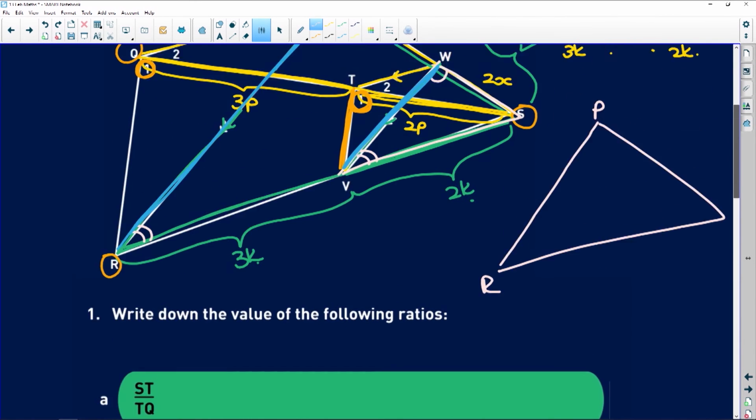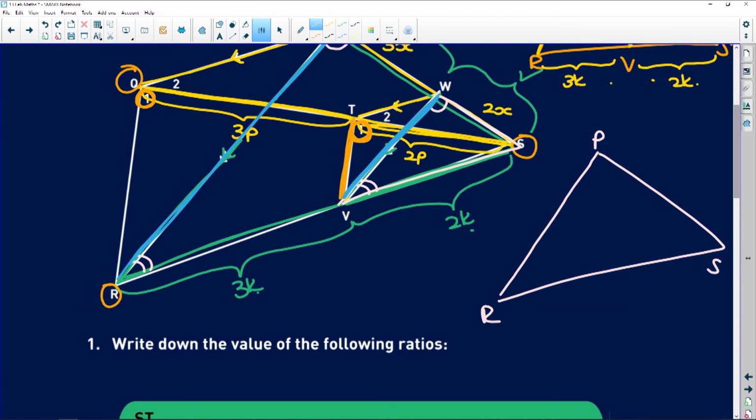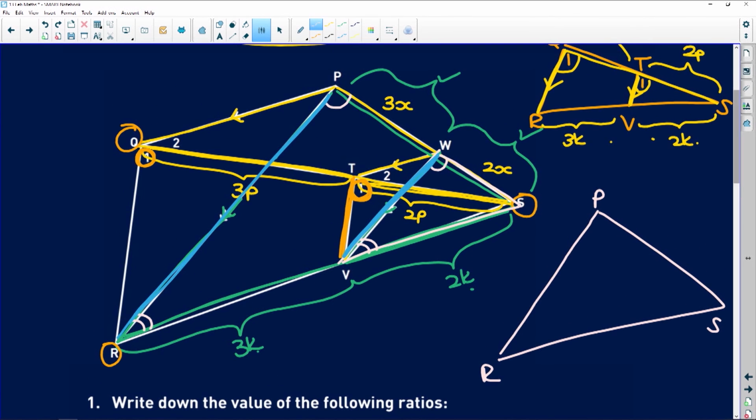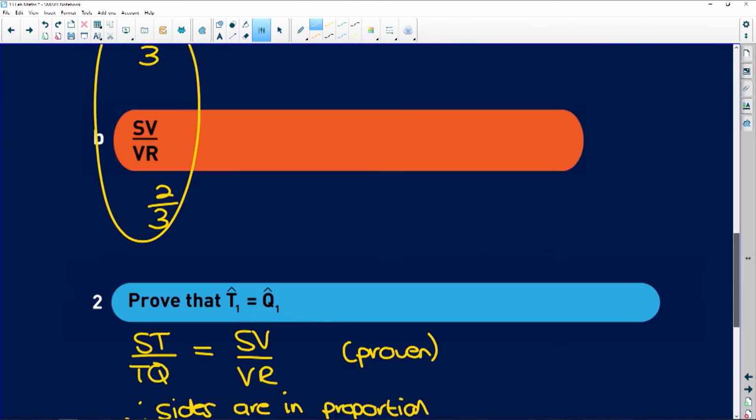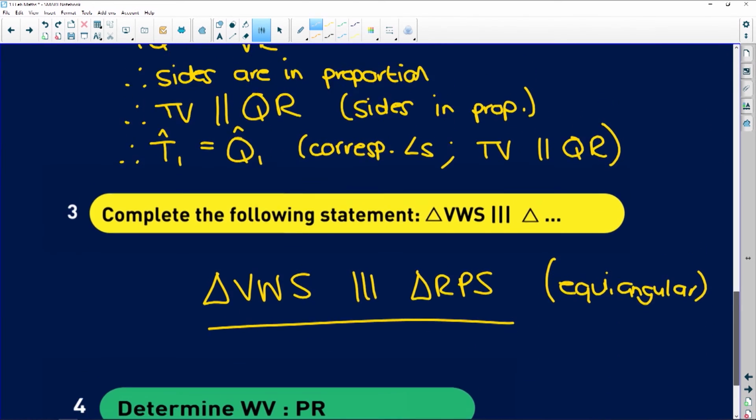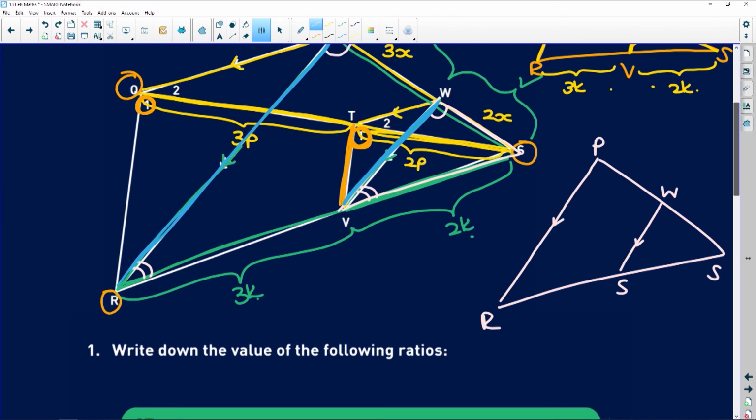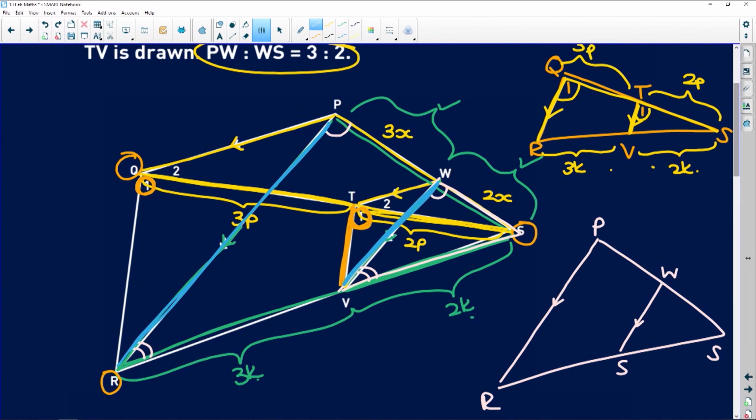S is over there as the big triangle. And then we've established that this line here is parallel, and so these triangles are similar. Okay, and we're trying to find WV over PR. So WV is that length there, and PR is the big length there.